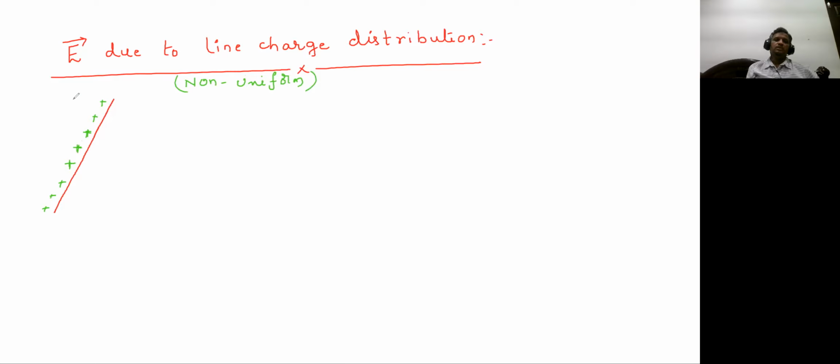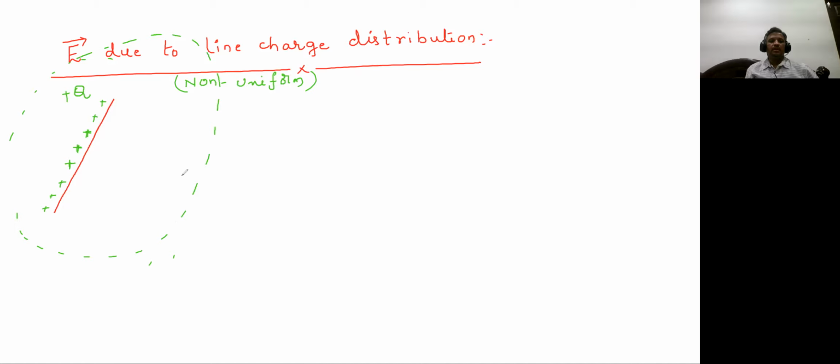Now the total charge on this is, let's say, plus Q. And you know very clearly that around this particular line you have the electric field. Not only here, it will be distributed till infinity, but I'm just taking only this for my convenience.